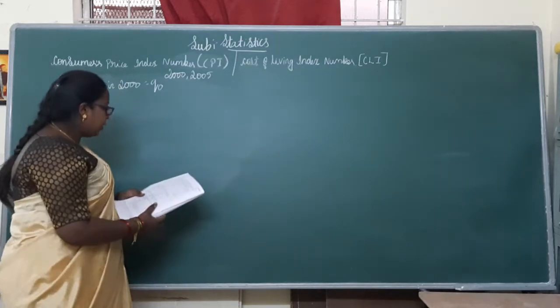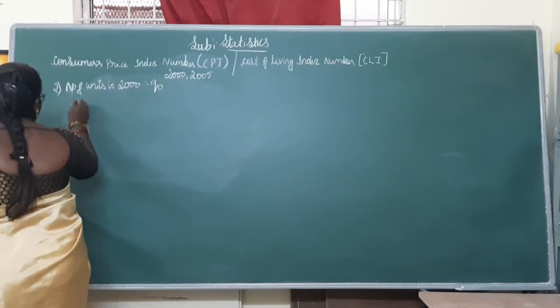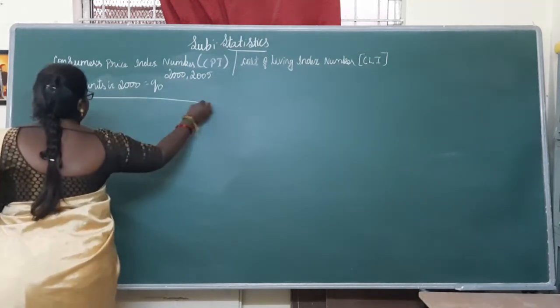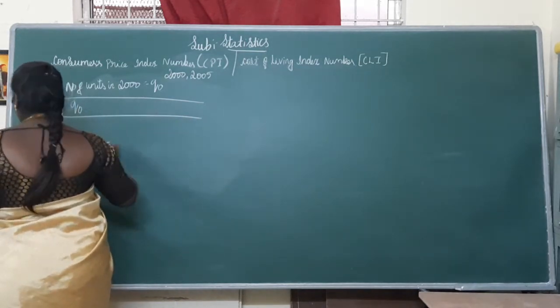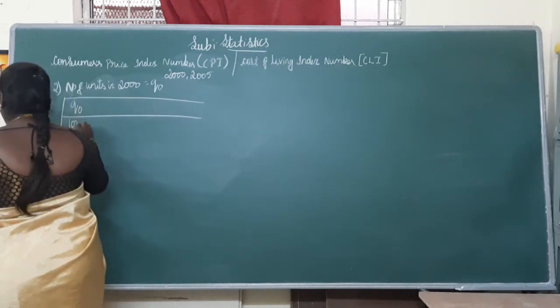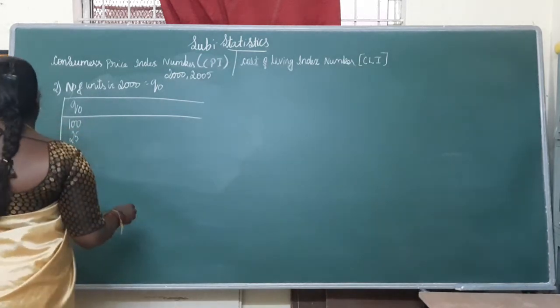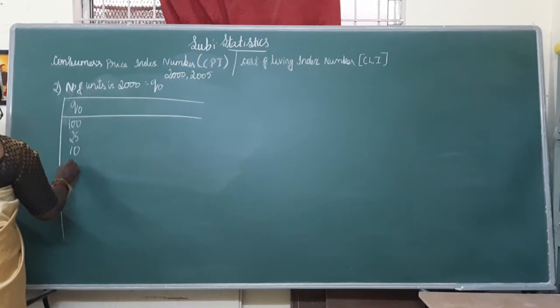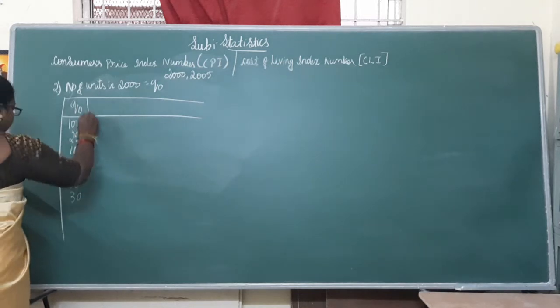So writing the question here, first I will take Q0: 100, 25, 10, 20, 25, 30.